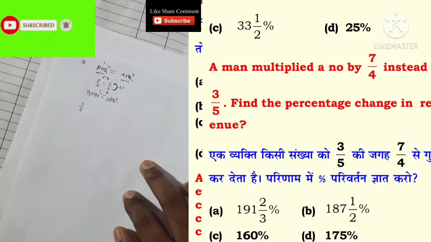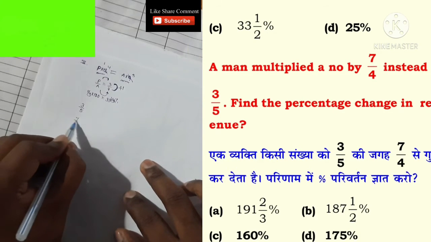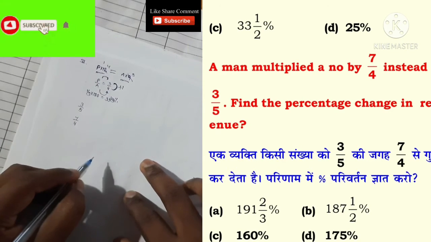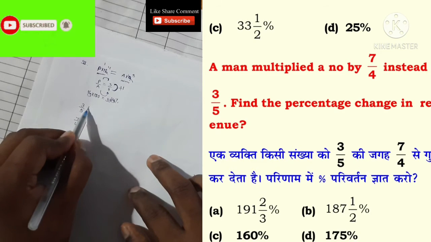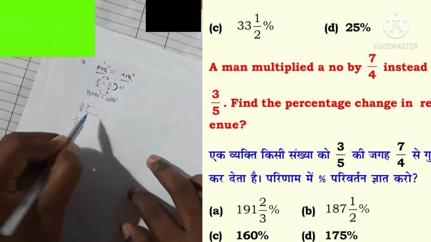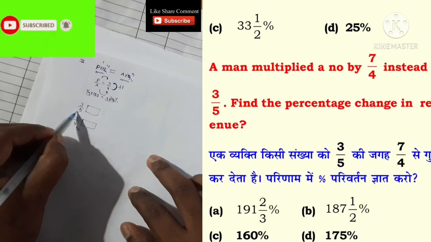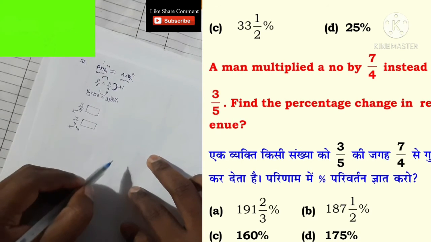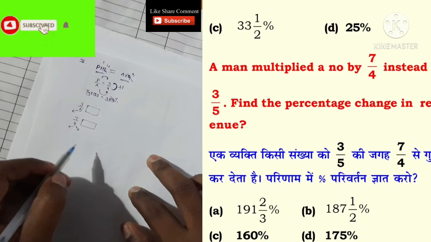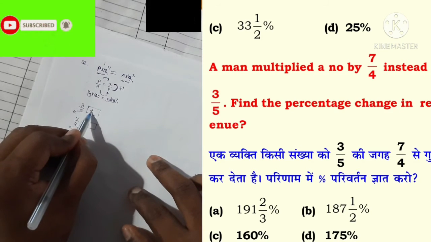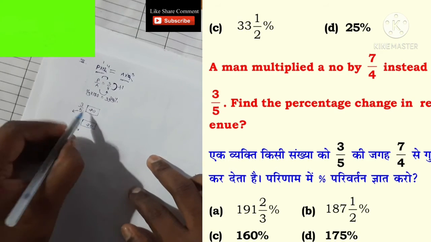You have to multiply the number with 7 by 4. So please write the value here, the LCM of these two values. The LCM of these two values is 20. So write 20 here.